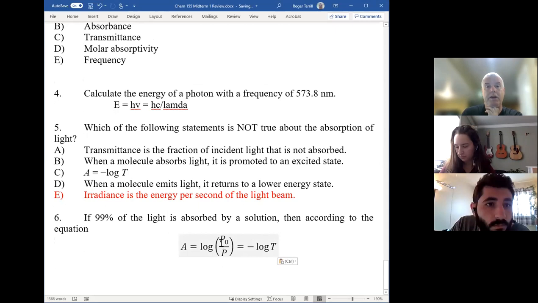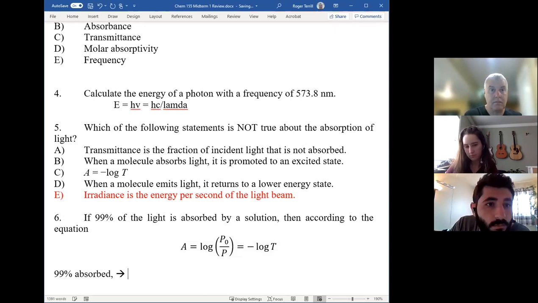Sorry, the 99% is absorbed, therefore 1% is transmitted.